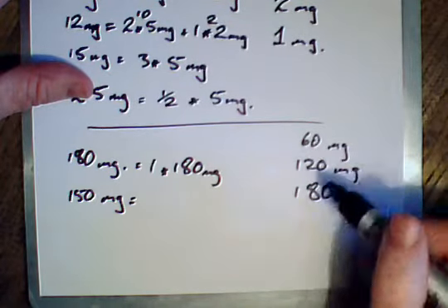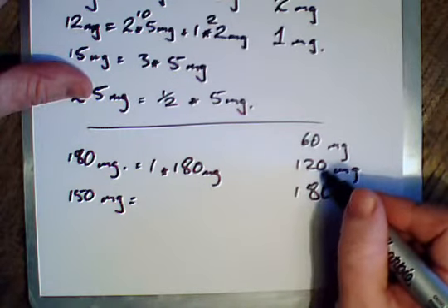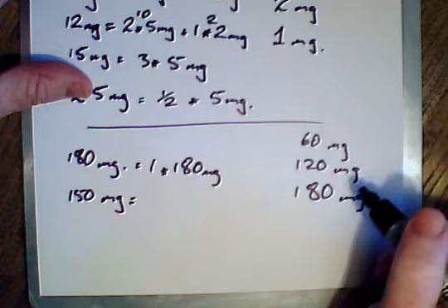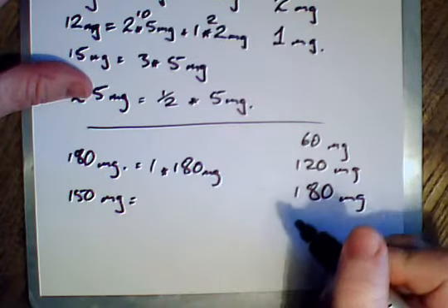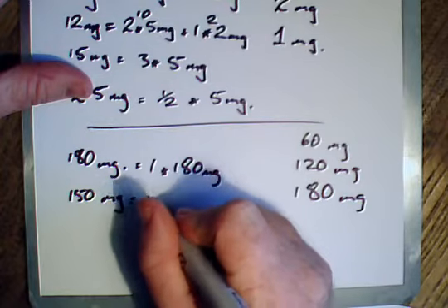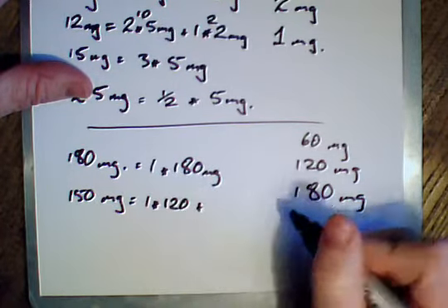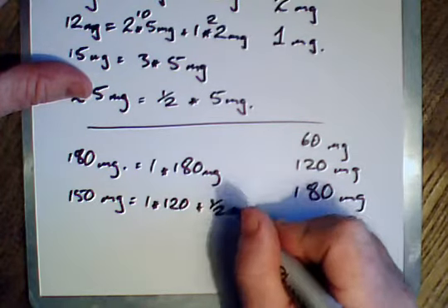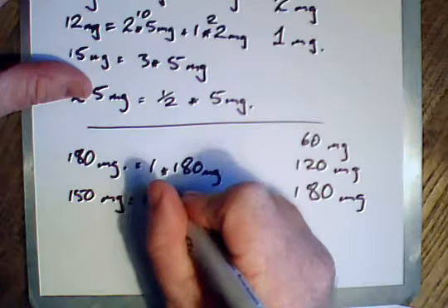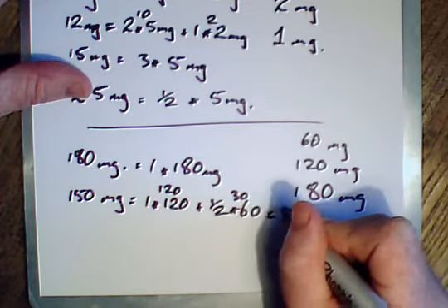However, if you go using the 120 milligrams and half of the 60, that'll give you the 150 milligrams. So writing that down, that'll be 1 times 120 plus 1/2 times 60. That'll give you 120 plus 30 equals 150.